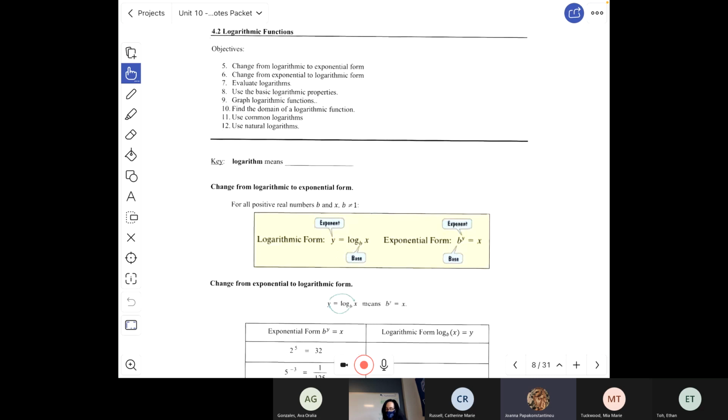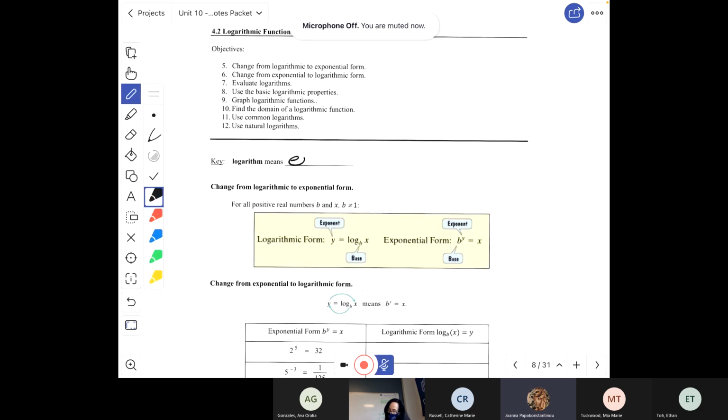Well, if I'm working with a logarithm, that is just an exponent. So if you noticed, I gave you some examples that were written in a very specific form. The form that we saw was log base 3 of 81 equals 4.